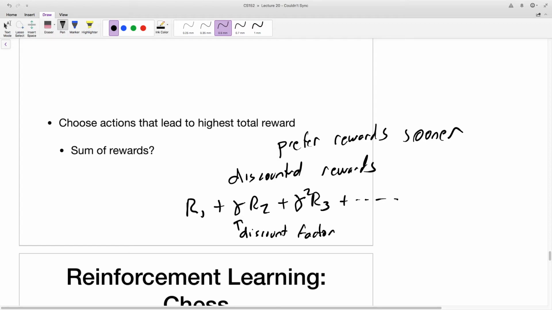The second reason is, let's say we've got an infinite game, so we're going forever. And we've got an environment that gives us rewards such that we can harvest them every 5 time steps.